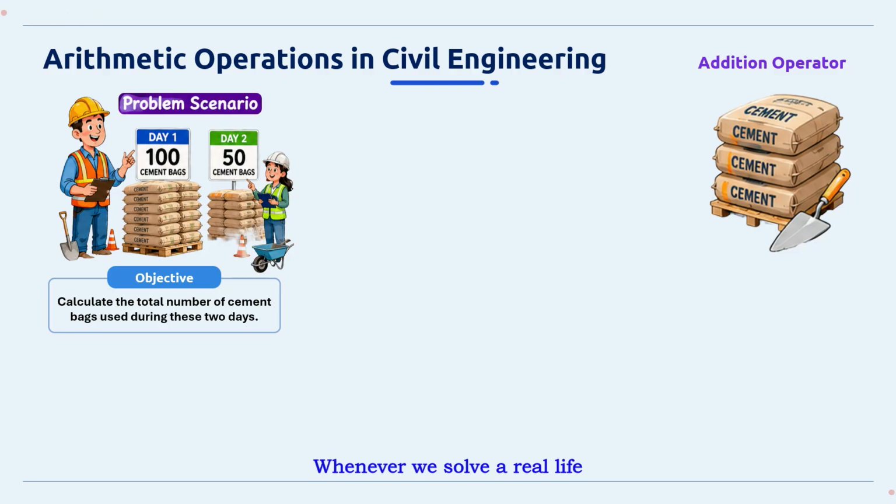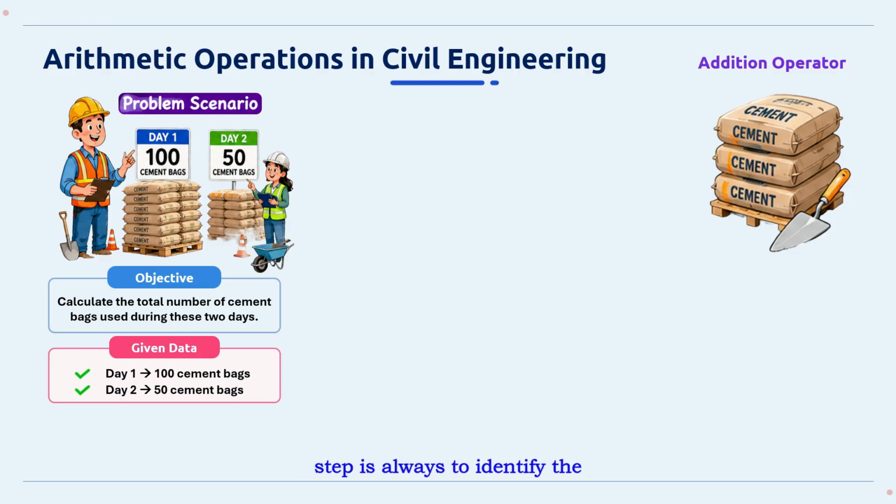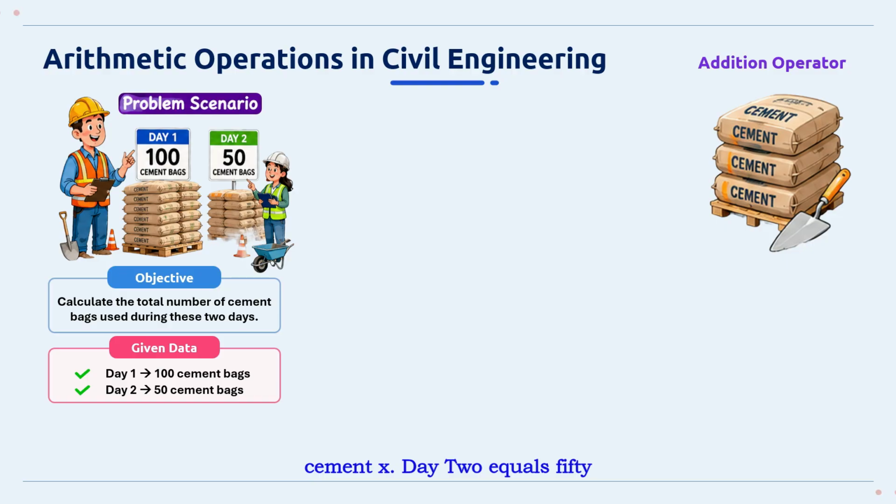Whenever we solve a real life problem using Python, the first step is always to identify the given data. Once we clearly identify the available information, we can represent it in our Python program. In this example, the given data is day 1 equals 100 cement bags, day 2 equals 50 cement bags.